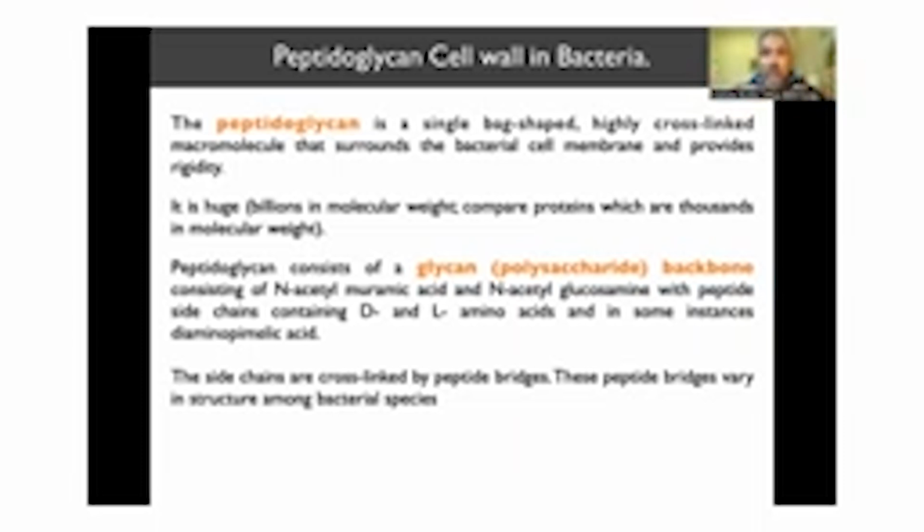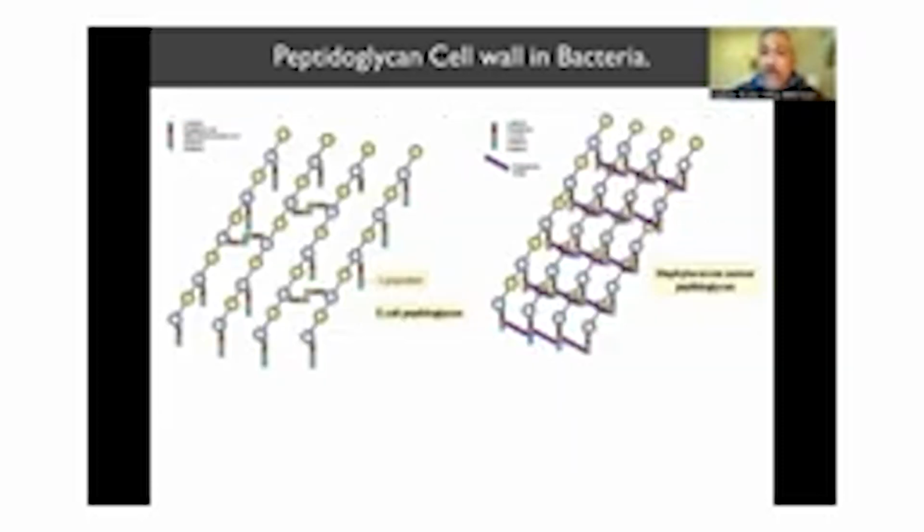Okay, remember that. So the peptidoglycan, which is sitting outside the plasma membrane, has this characteristic sugar based architecture, right? And that peptidoglycan layer varies depending upon the bacteria that we are looking at.